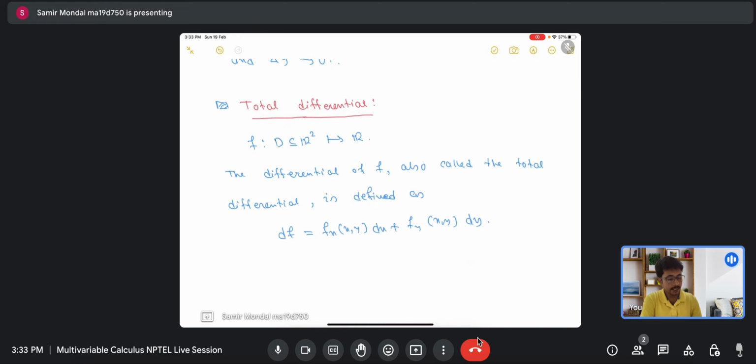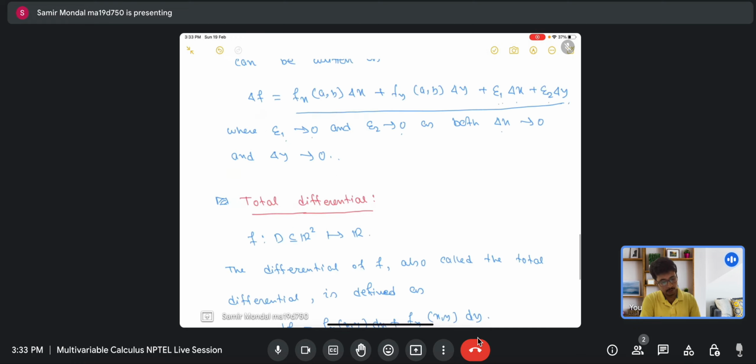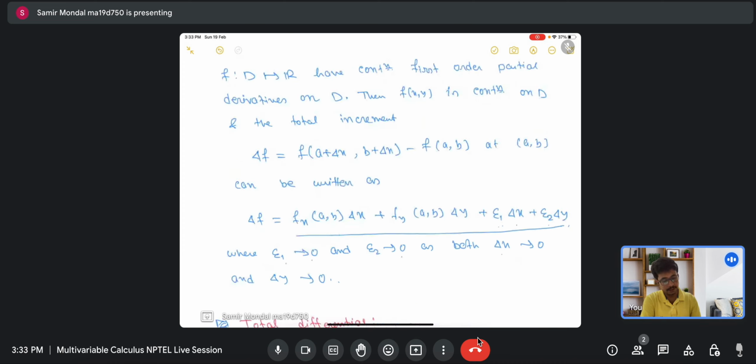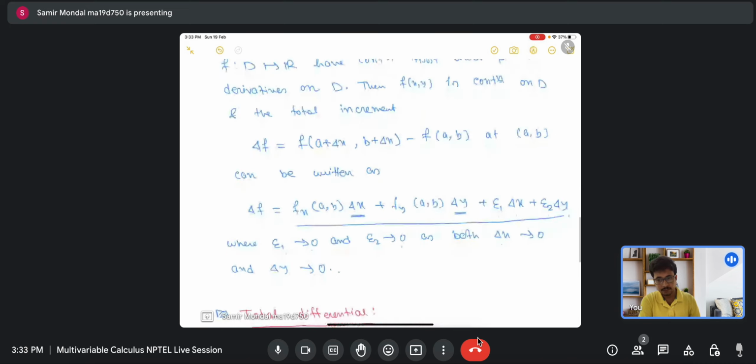So where are we getting this from? If you look at the form of the total increment in the increment theorem, if you put del x, this increment, equal to dx and del y equal to dy, then you will get this one.